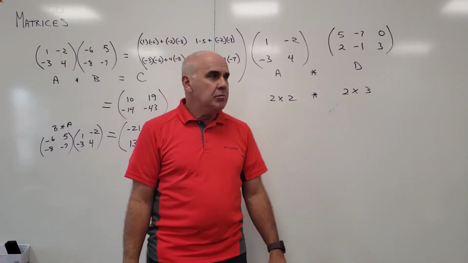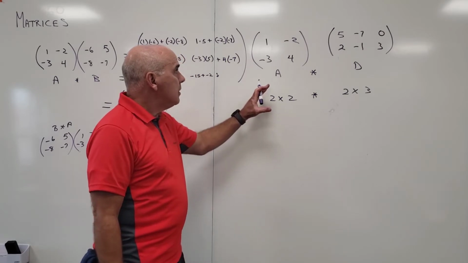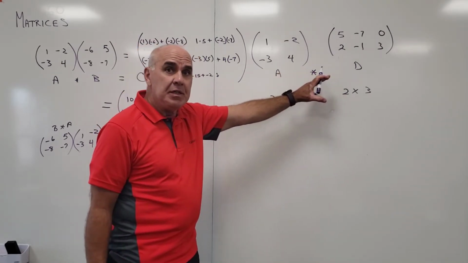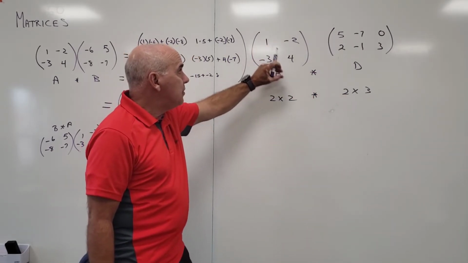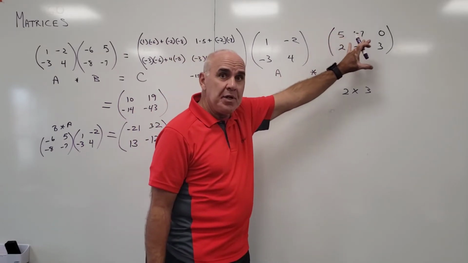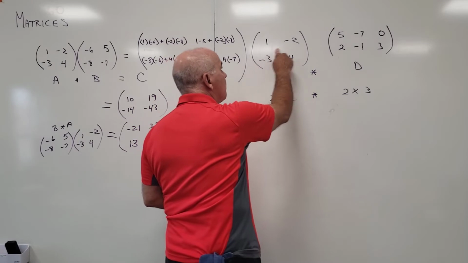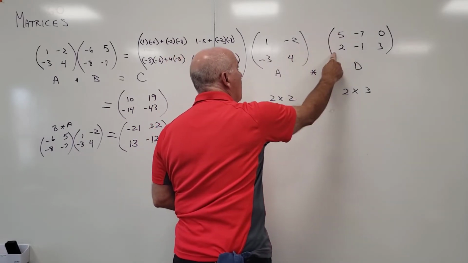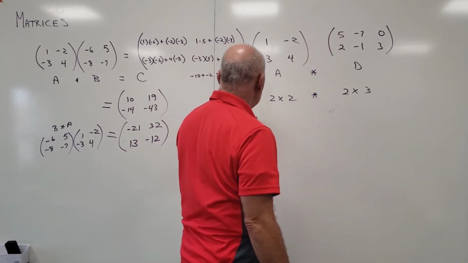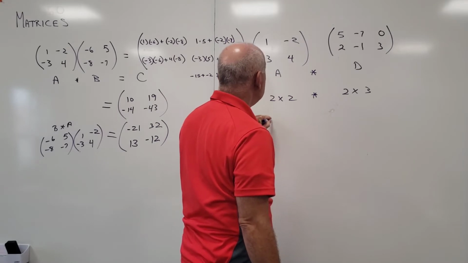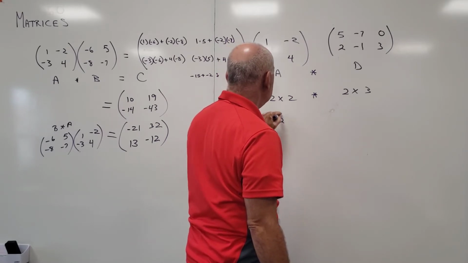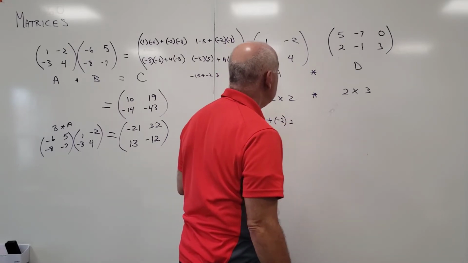All right, now, what about these two matrices here? I've got a 2 by 2 and a 2 by 3. All right, so remember, it's row and column. So I'm going to take row 1, column 1. So that's going to be 1 times 5 plus negative 2 times 2.